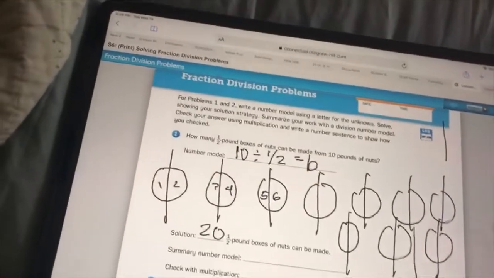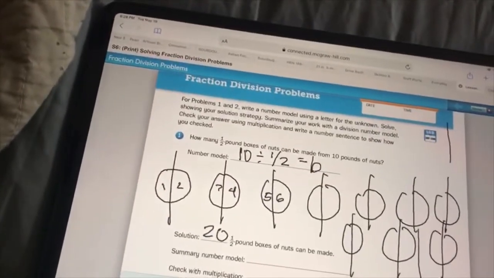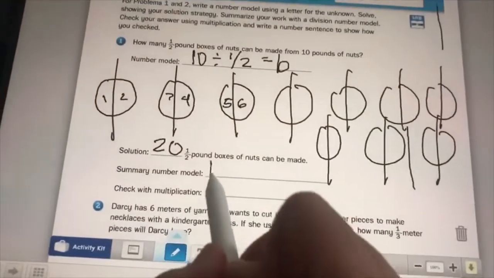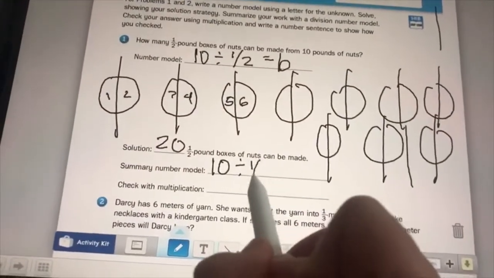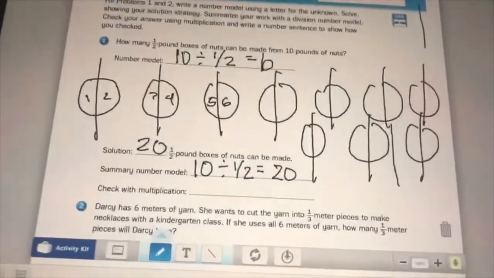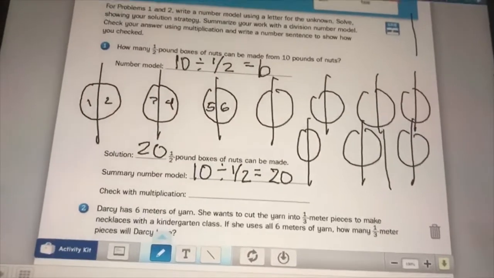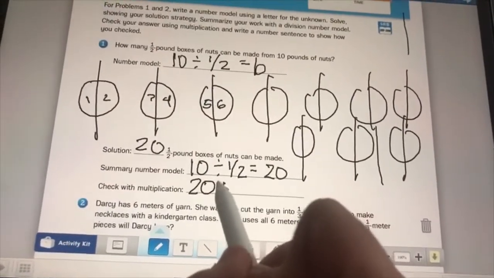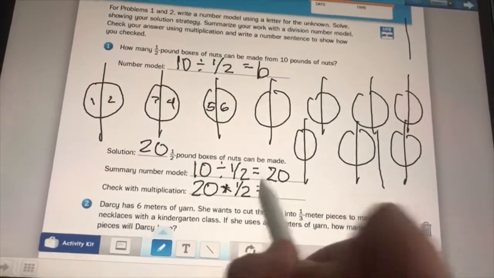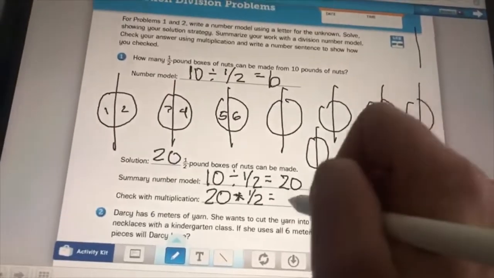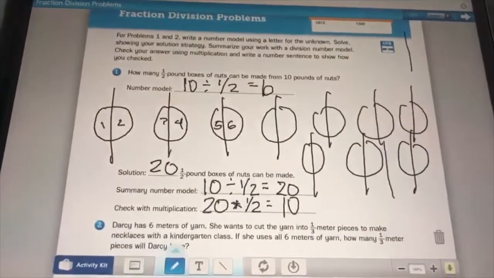So our summary model would be 10 divided by 1/2 equals 20. Now, if we were to check with multiplication, we would do 20 times 1/2. Well, 1/2 of 20, or 20 times 1/2, would be 10. So our answer checks out.